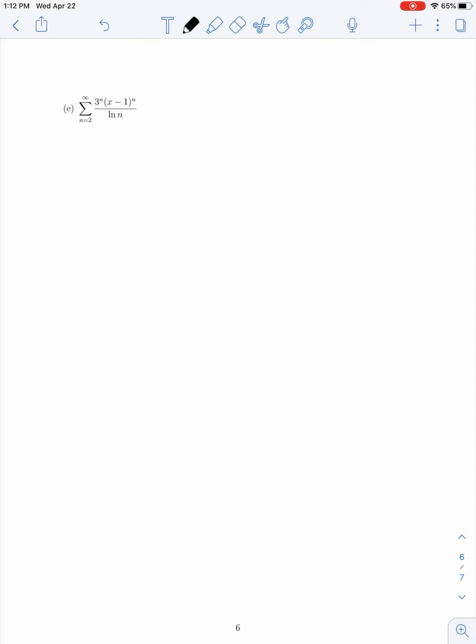So in this one, we have the sum from 2 to infinity of 3 to the nth times (x minus 1) to the nth over log n. So again, to find the interval or radius of convergence, we're going to apply the ratio test.